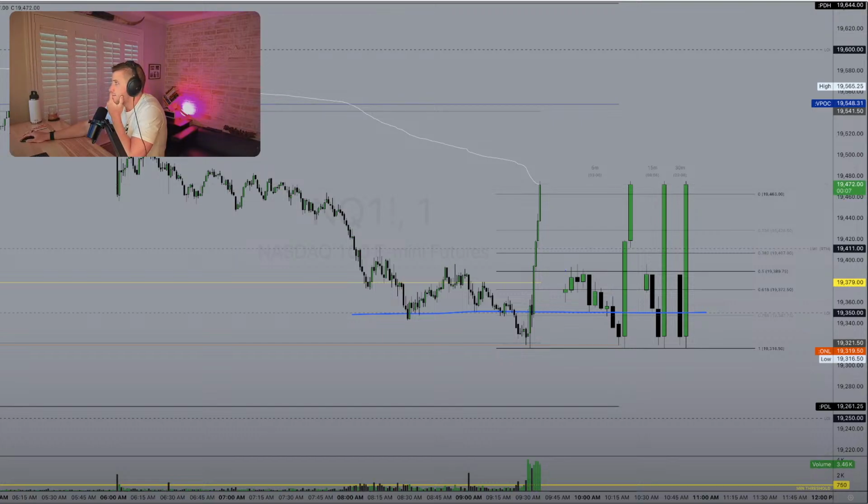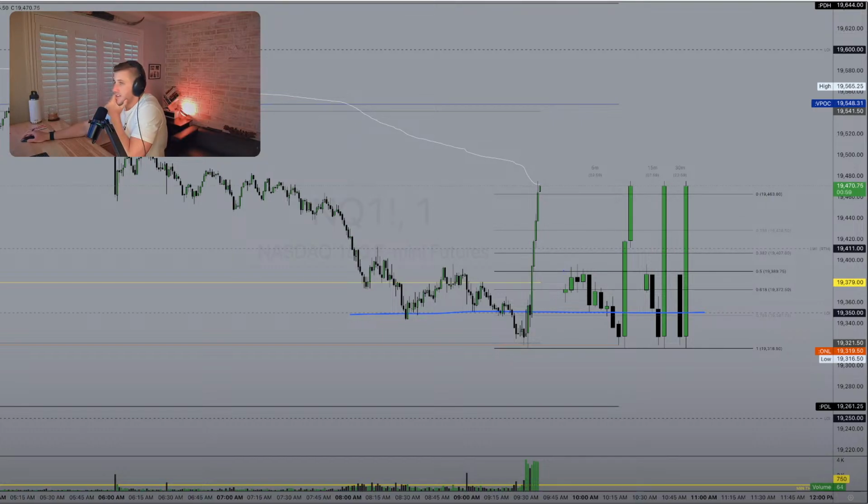NQ into VWAP. Next upside target if you're long from 350. Another good spot to reduce right there.